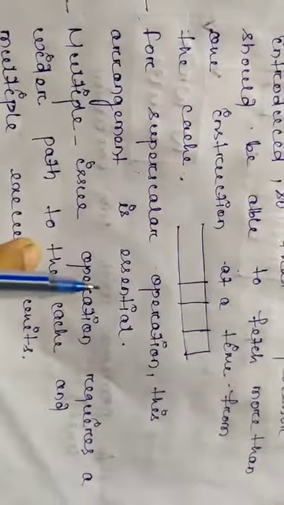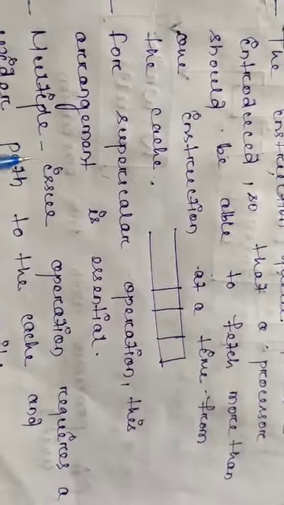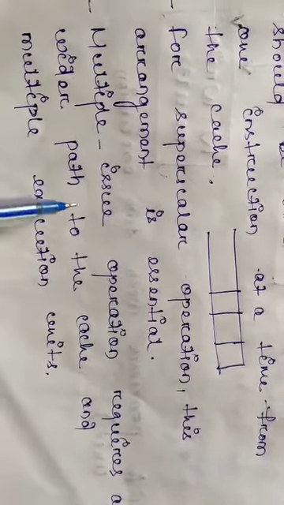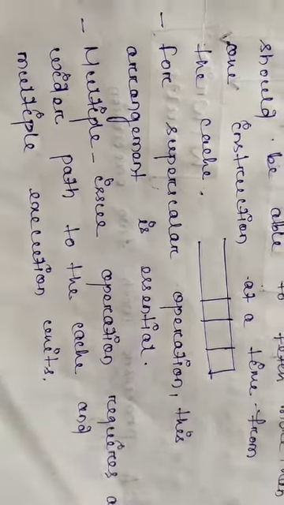For superscalar operation this arrangement is essential. There must be an instruction queue, and multiple issue operation requires a wider path to the cache and multiple execution units.